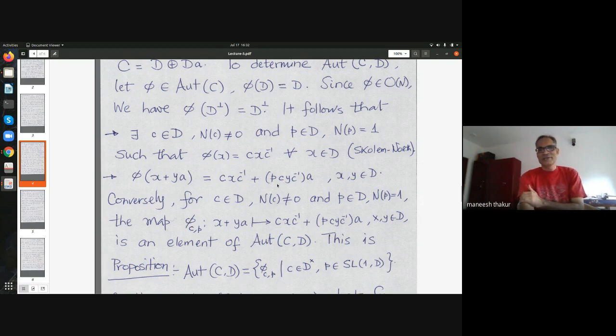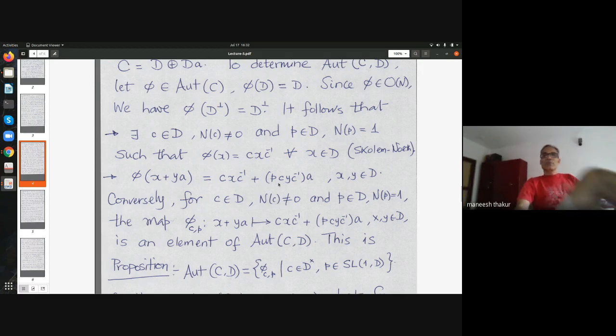So using that, you will be able to see here, of course, some algebraic jugglery is necessary, that I can write phi of x plus yA as C x C inverse plus P times C y C inverse, where P is a norm 1 element from D. So this is how automorphisms which stabilize D look like.